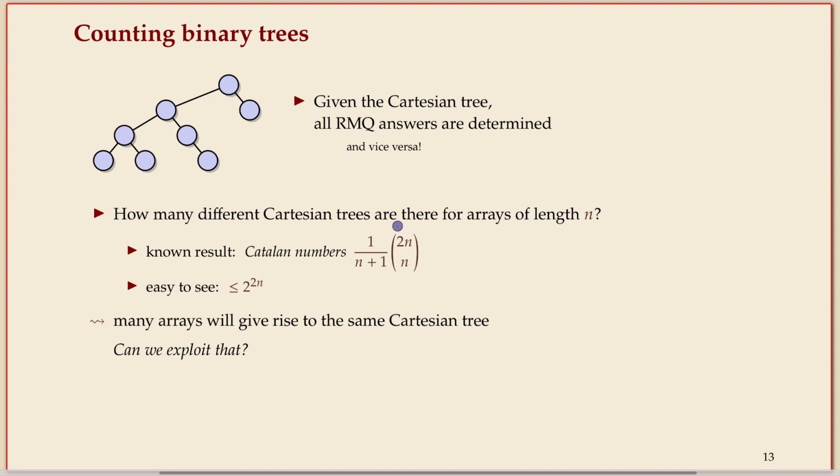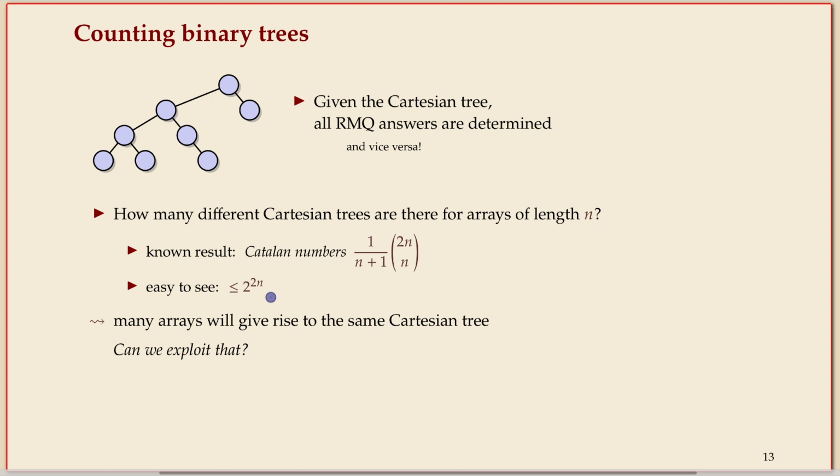And so you can just look up the number of binary trees on n nodes is a known thing. It's counted by the Catalan numbers, which are well known in combinatorics. They're counting all sorts of objects that have intimate relations to trees if you look at it from the right perspective. But the formula is a bit unwieldy.